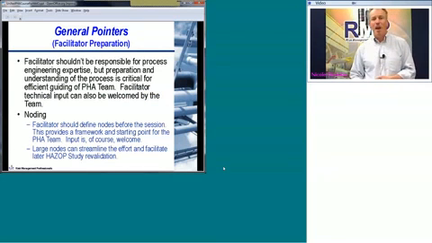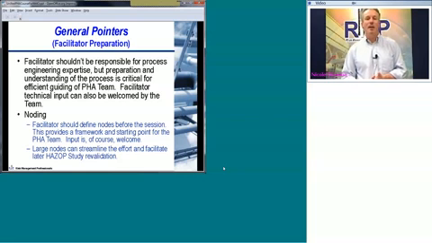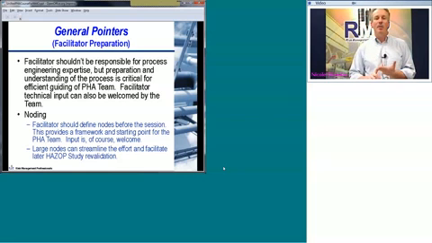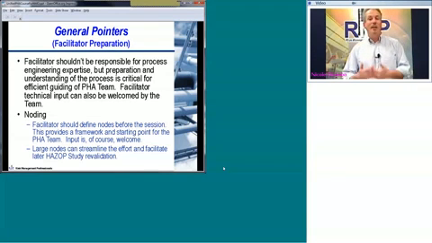Facilitator preparation I briefly mentioned earlier, but the facilitator isn't the primary person responsible. They're usually an engineer, and they're not primarily responsible for providing the process engineering expertise, but they ought to have reviewed the drawings and have enough background information to properly facilitate and know when the team's reached a conclusion.